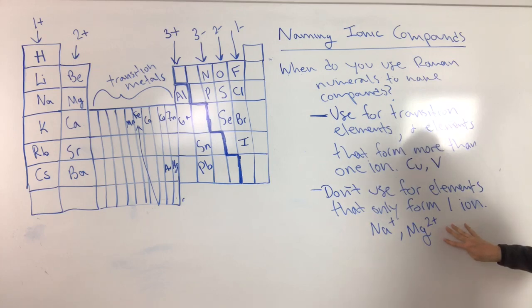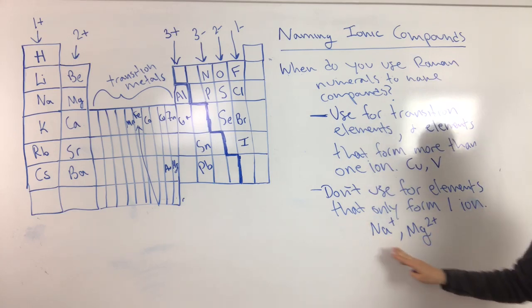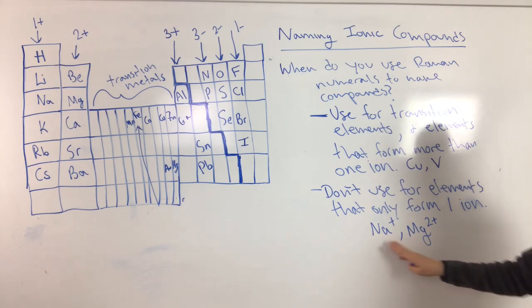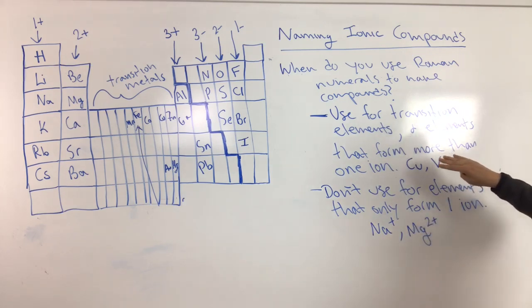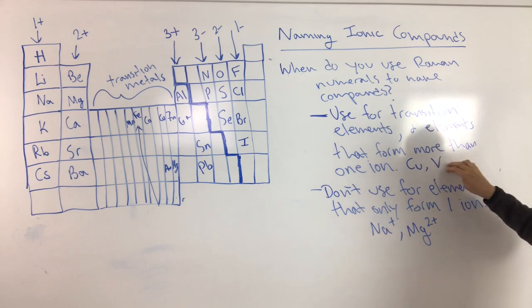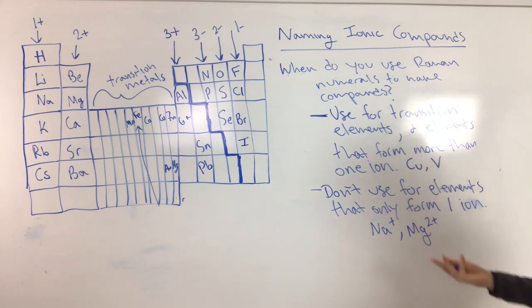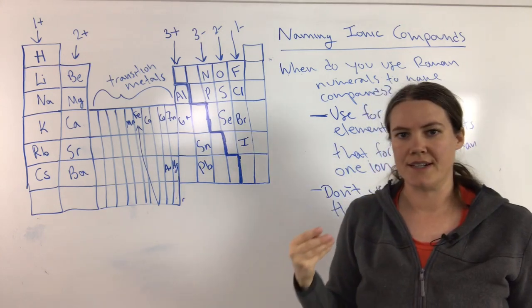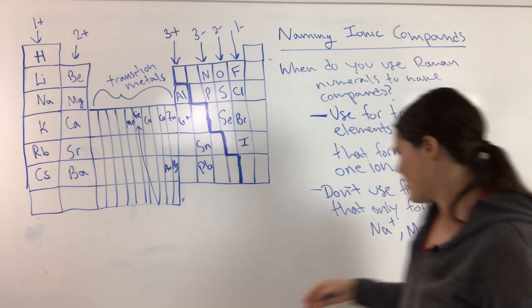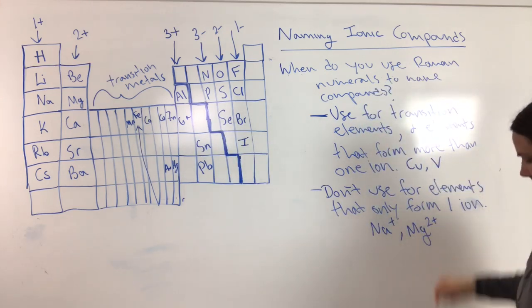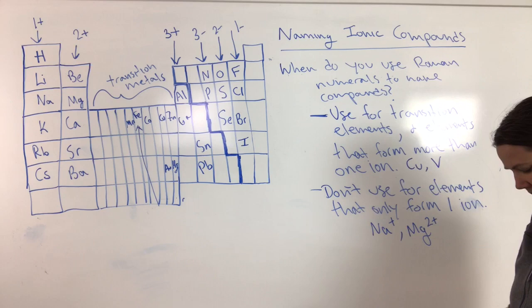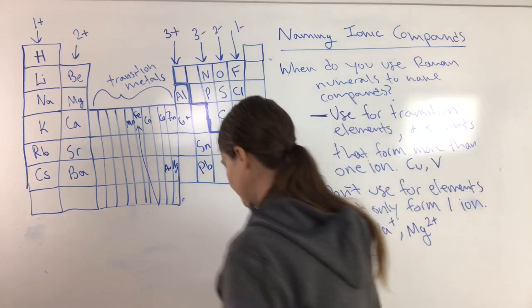The reason is because we know there's only one option. We know what the ion will be. For these other elements that form more than one ion, we don't know what ion they are just by looking at them.